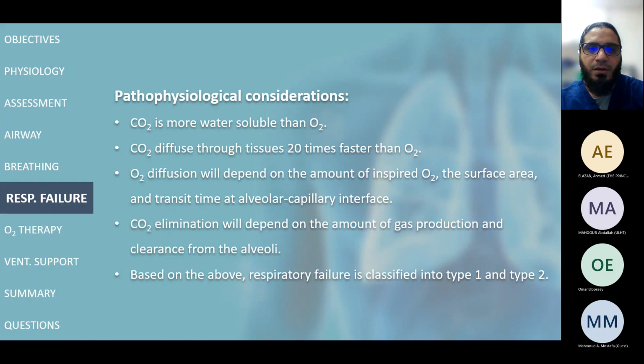It needs specific parameters optimized to move from the atmosphere into the body. These parameters are mainly, as you can see in the third point, the amount of oxygen that is inspired is really important.